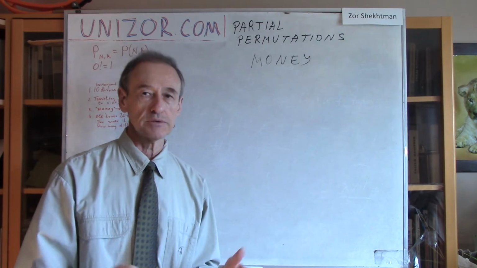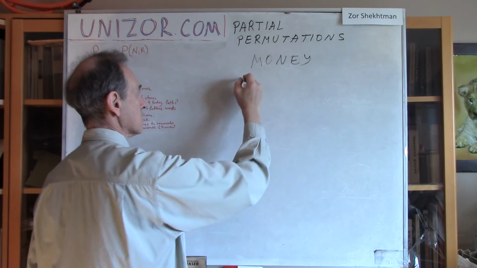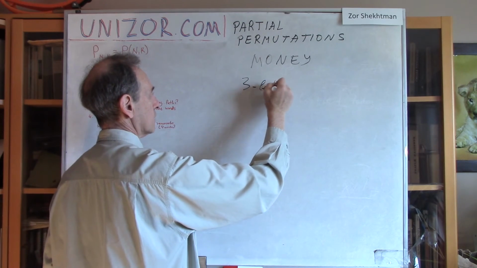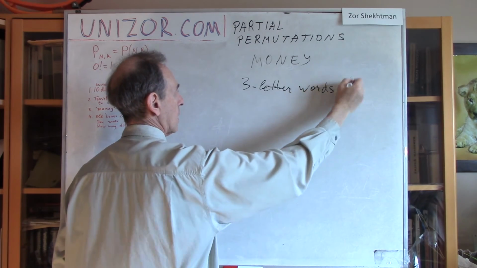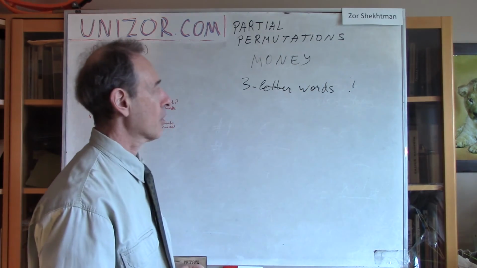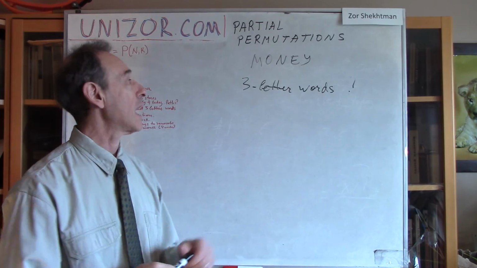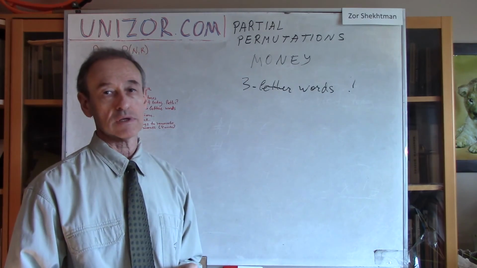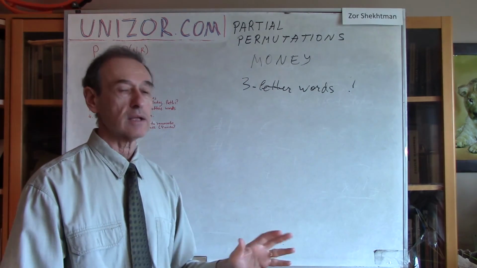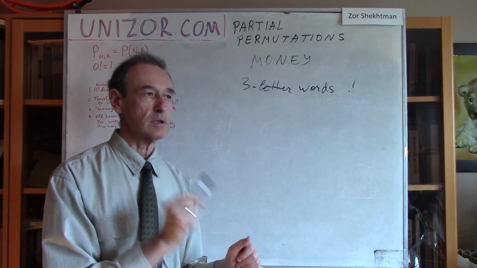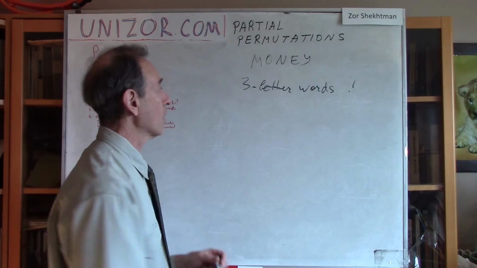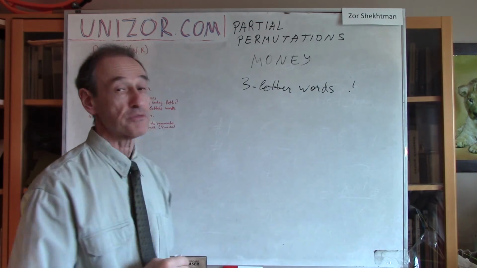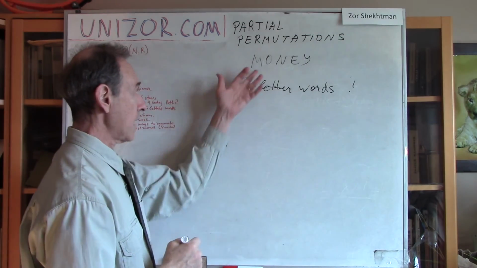So how many 3-letter words can be constructed out of these 5 different letters? Well, exactly the same logic. You see, I'm repeating the logic again and again because I would like you to remember the logic, not the formula. So, how many choices do we have for the first letter? Well, 5, obviously.